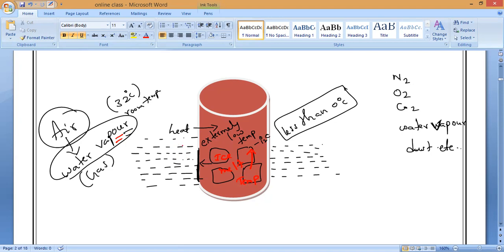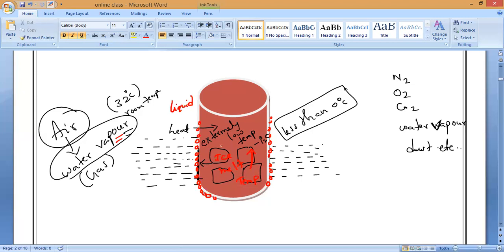So the water vapor present in the atmosphere has its temperature fall, meaning it will come below that, so it will be converting back into the liquid state. That is what we can see, the water droplets on the walls of the container. Have you noticed it, guys? Once this air comes and hits this, the water vapor will lose its temperature by exchange to ice, so it will become cool.